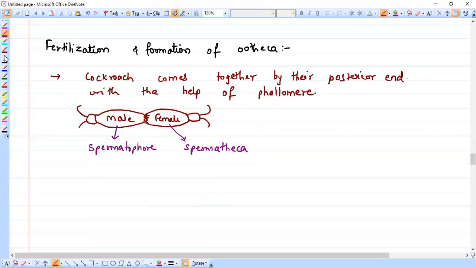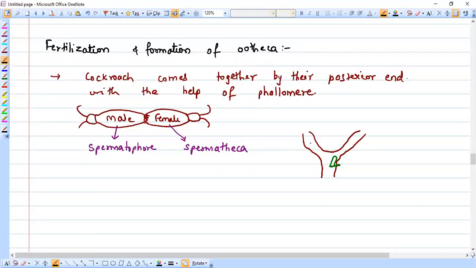So the story is something like this. This is the right oviduct, the left oviduct. Both will come and they will meet. And when they meet, basically, they meet at a point that is called the common oviduct. Here, there is a spermatheca. So this green part is the spermatheca.